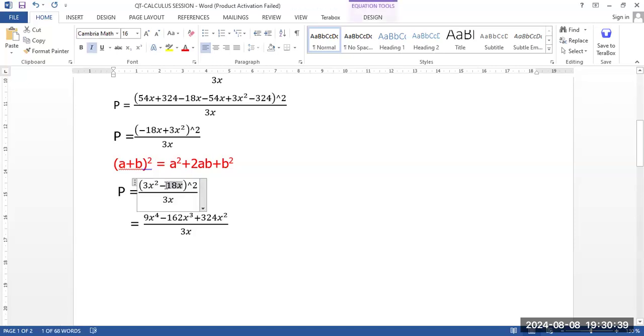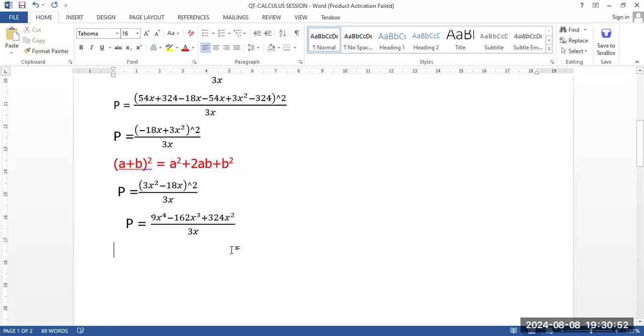Now, if you square negative 18x, what do you get? You get 324x squared. So that is our p, and we have expressed our p in terms of x. That's what they wanted. So here they were testing students to see whether they know actually how to expand.